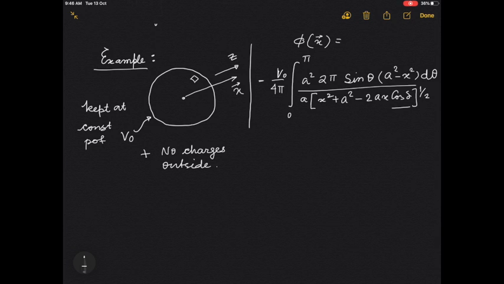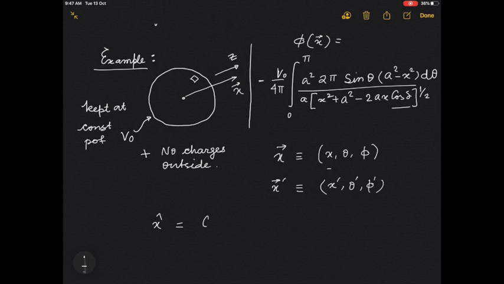Now I have chosen my x like this, which means that theta equals 0. So the vector x can be written by x, theta and phi. x is the amplitude of vector x, and theta and phi are the directions. Similarly, x prime can be written likewise.